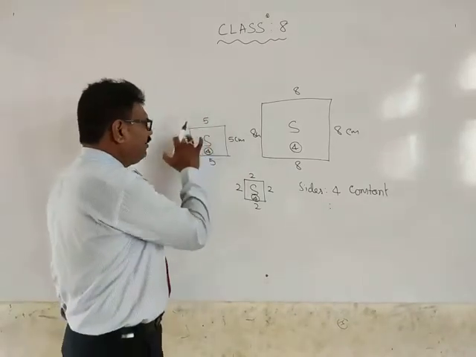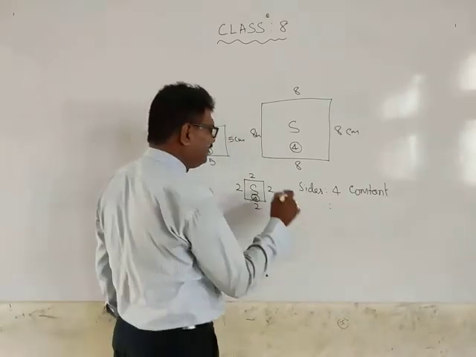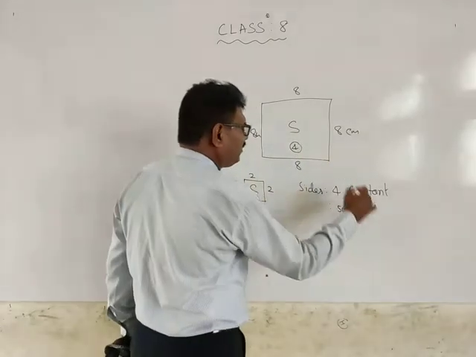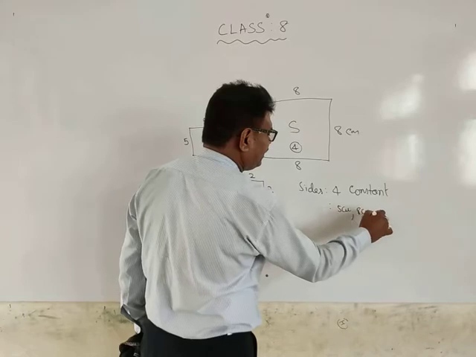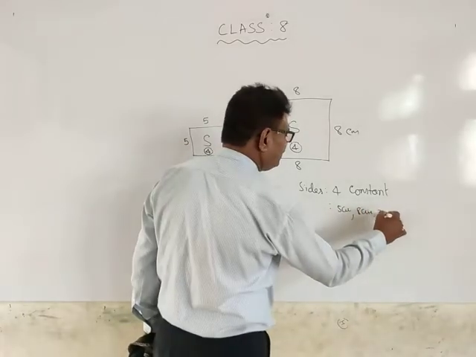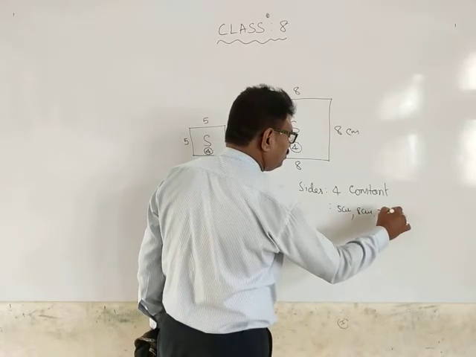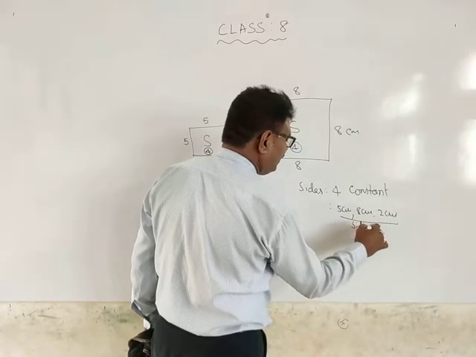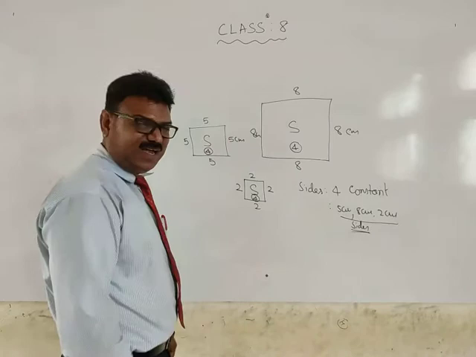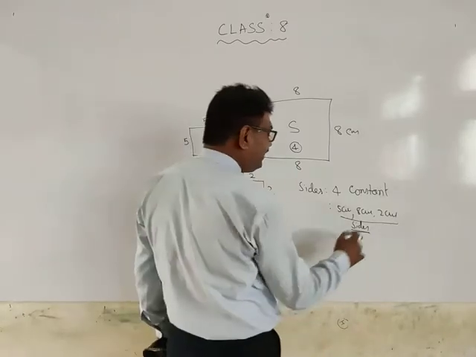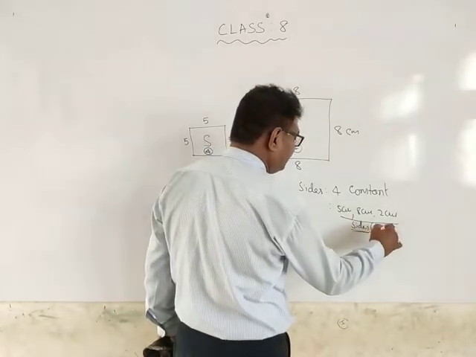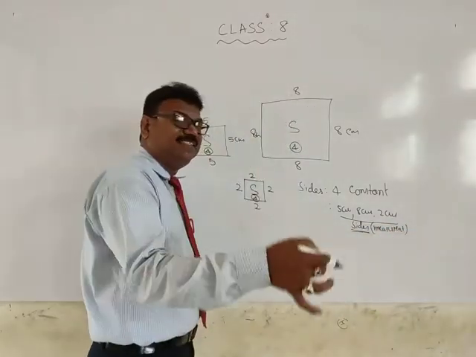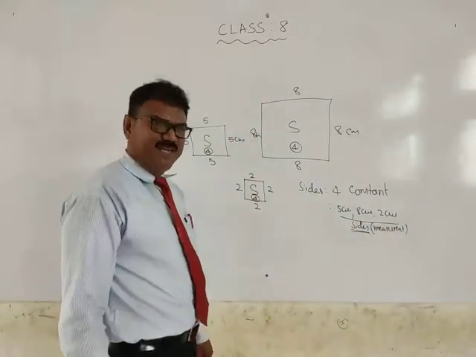The measurement of this is 5 centimeters, the measurement of this is 8 centimeters, the measurement of this is 2 centimeters. All these three are sides only. Correct? But the measurement is changing. So that which is changing is nothing but a variable.